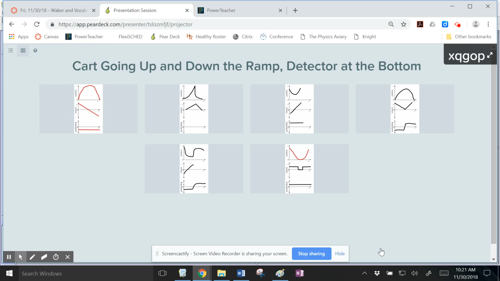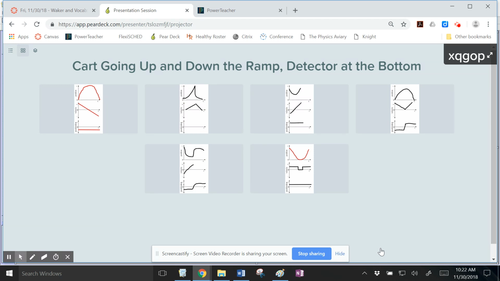There's kind of this frowny mouth, there's a smiley mouth, there's this peaky thing, there's this kind of swoopy thing. And then for the velocity graphs, some go like that, some go like that. Okay, there's a lot of differences.